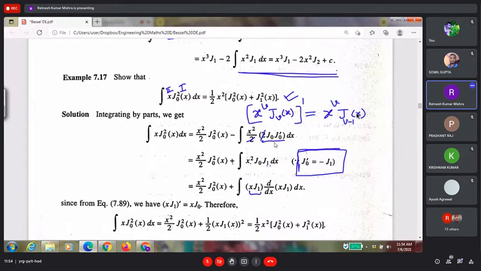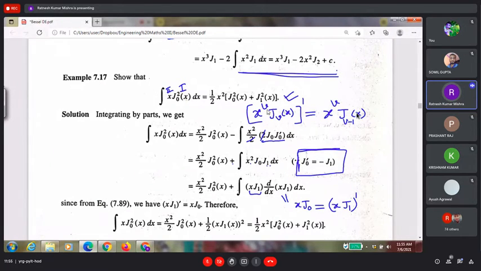ठीक है, so x के पावर v jv x and differentiate with respect to x, so this is x के पावर v jv minus 1 x. So using this one, I have written d by dx x j1. Okay, this is x times j1, so x j naught is this one, x j naught equal to x j1 का डिफरेंशिएशन.